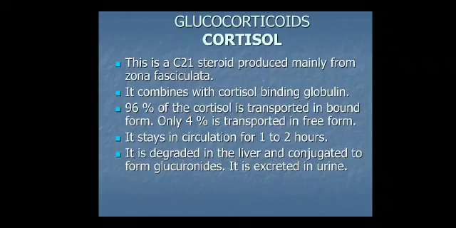The zona fasciculata, which is the widest layer of the adrenal cortex, secretes the hormone glucocorticoids. The majority of glucocorticoids are secreted by the zona fasciculata, but the zona reticularis also secretes a minimum amount of glucocorticoids as well.